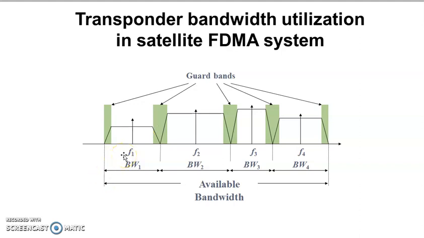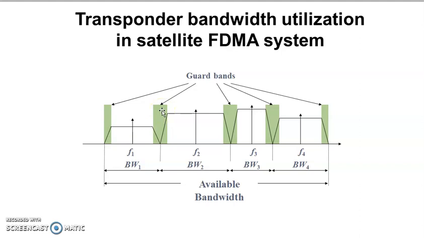For each and every channel, if we need to separate the channels, we need band limiting filters in the transmitter. Now these are about your available transponder bandwidth, and if we are going to use the complete system, we need to use a guard band and all.